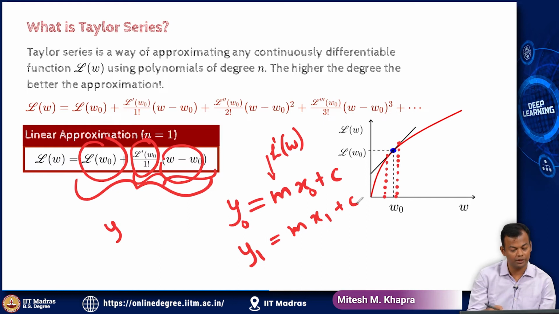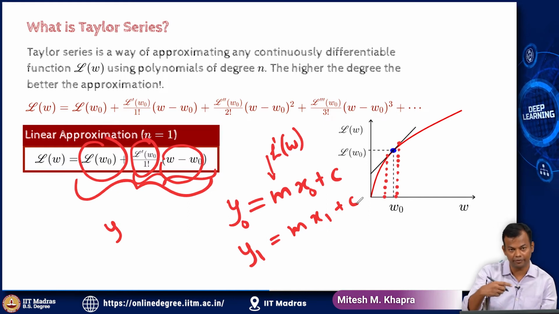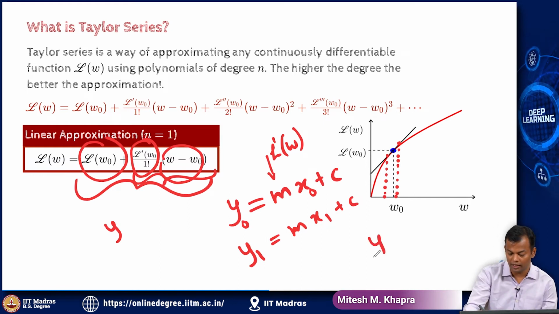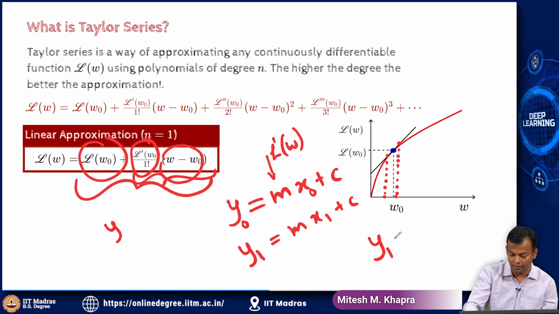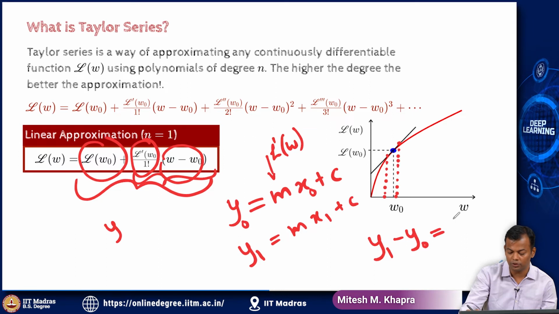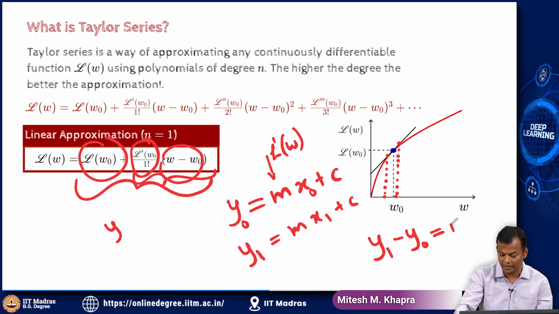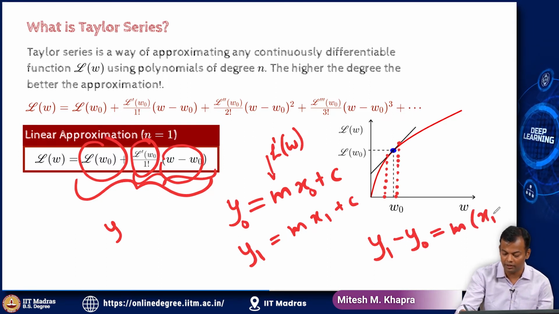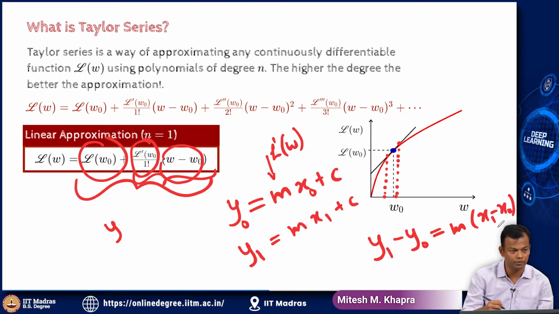Now if I subtract the first equation from the second equation, I get y1 minus y0 equal to, the c's will cancel, m into x1 minus x0.